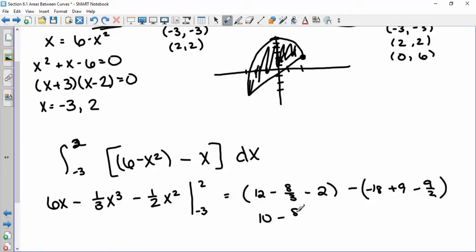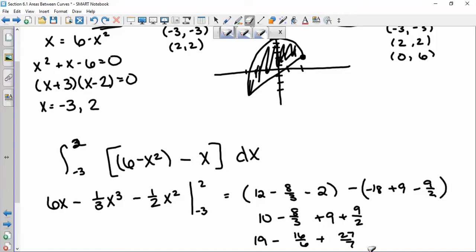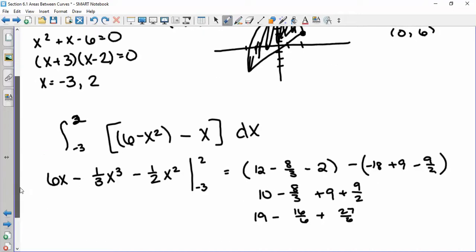I'm trying to show you guys how to work things out without picking up the calculator immediately. If we want to add those fractions, we need a common denominator. So this one you can multiply by 2 on top and bottom, this one by 3.